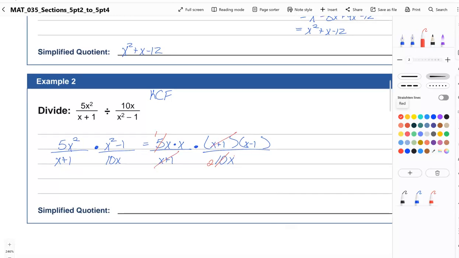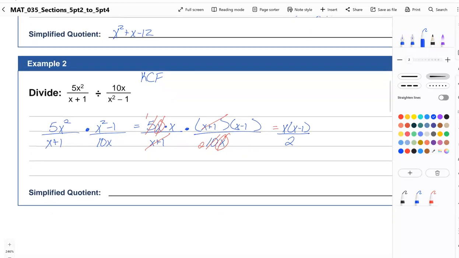X plus 1s are going to cancel, and I can cancel an x. So I'm going to be left with a 1 times an x minus 1. And on the bottom, the only thing I have left is a 2. So I could leave it like that, or if I wanted to, I could distribute the x to the x minus 1. So I have x squared minus x over 2.